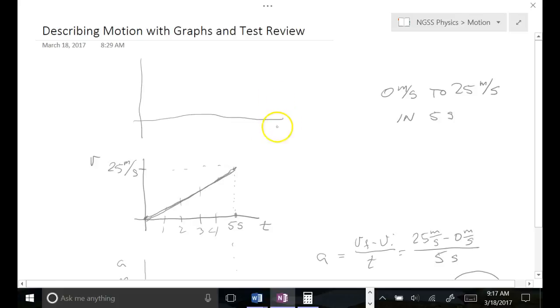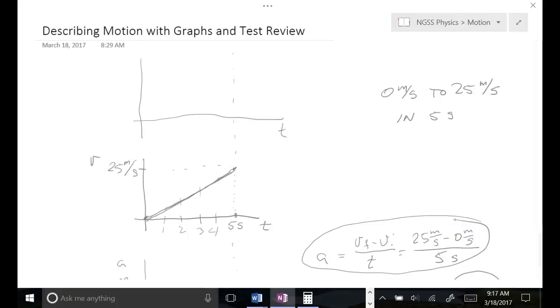And again, this time axis is going to be coincident. Okay, where the acceleration was the slope, we found it here. The displacement or distance through which you travel in moving from 0 meters per second to 25 meters per second over those 5 seconds is going to be the area of this triangular region.